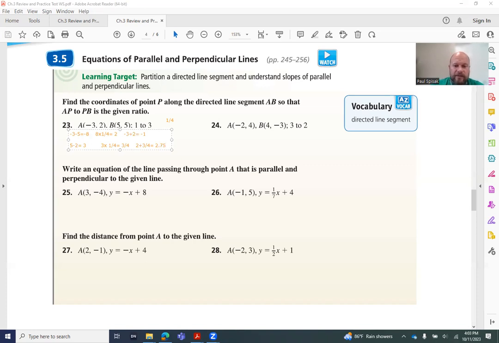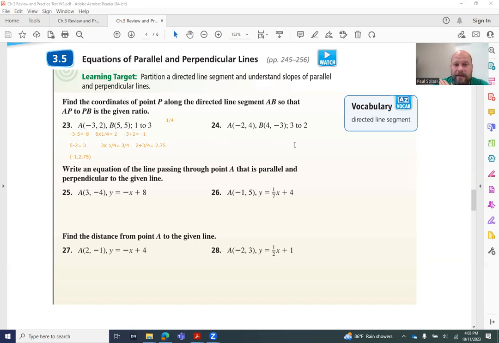So our x value is at -1. Our y value is at 2.75. And again, that's our point that's going to separate this segment into that ratio of 1 to 3.